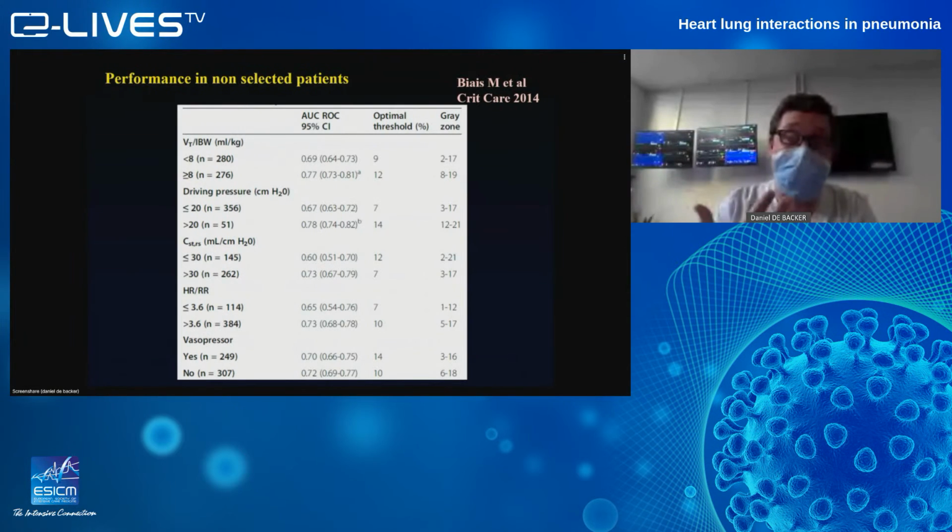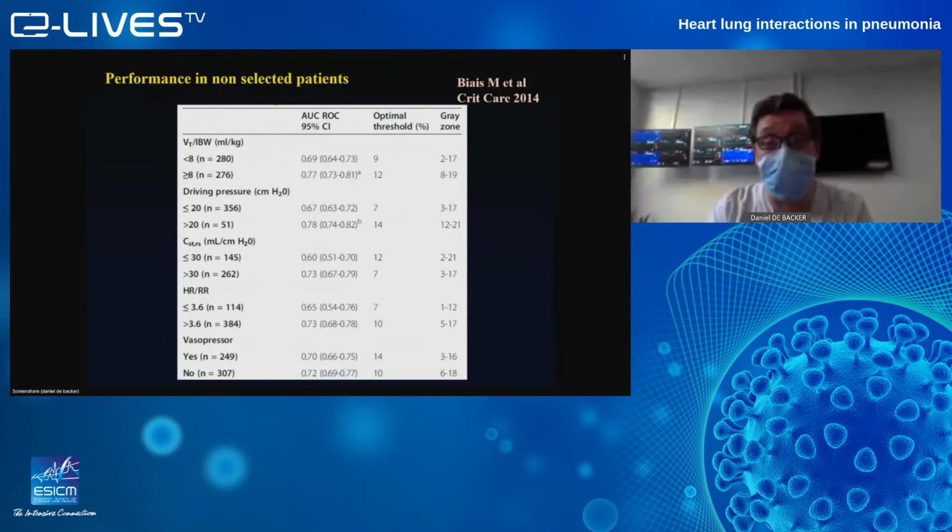In unselected patients, it begins to be a little bit less well performing. And again, most of the factors associated with the good response were really having a high tidal volume, having a high driving pressure, having a high compliance, and having also a high heart rate to respiratory rate ratio.